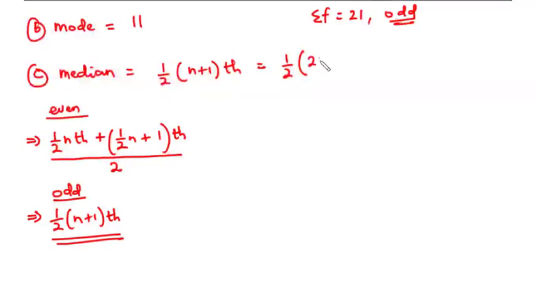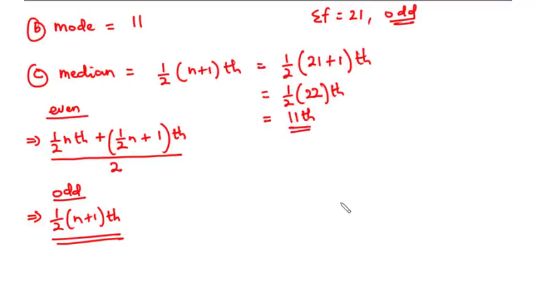So we have 21 plus 1 th. Now, 21 plus 1 is 22. So we have half times 22 th, and then half of 22 is 11. So the median is the value in the 11th position.